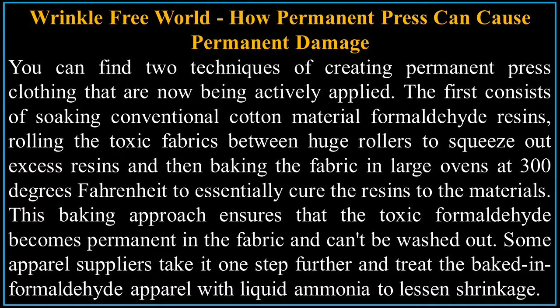You can find two techniques of creating permanent press clothing that are now being actively applied. The first consists of soaking conventional cotton material in formaldehyde resins, rolling the toxic fabrics between huge rollers to squeeze out excess resins, and then baking the fabric in large ovens at 300 degrees Fahrenheit to essentially cure the resins to the materials.